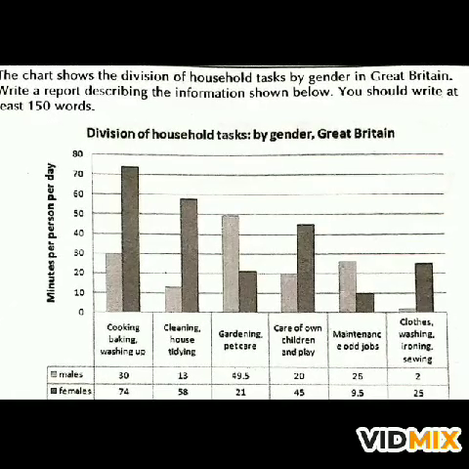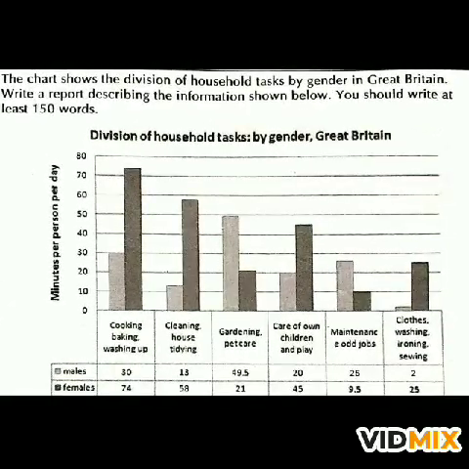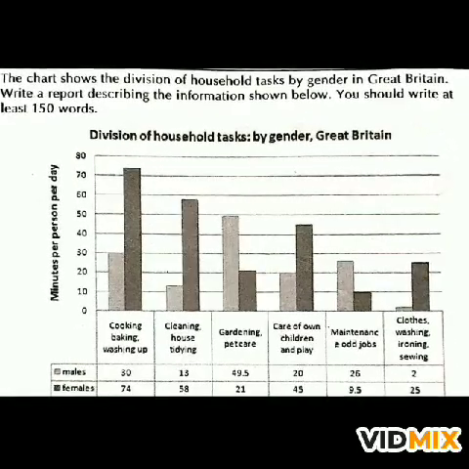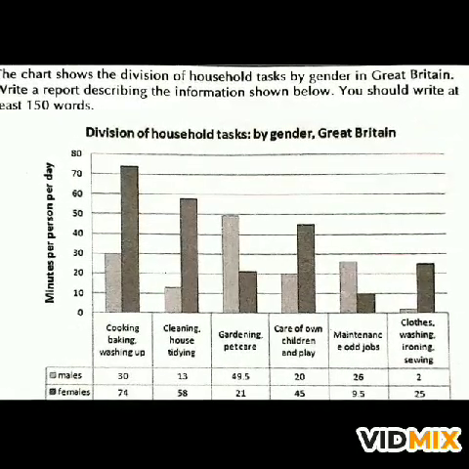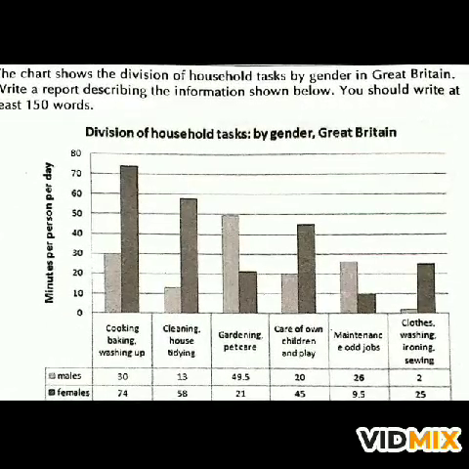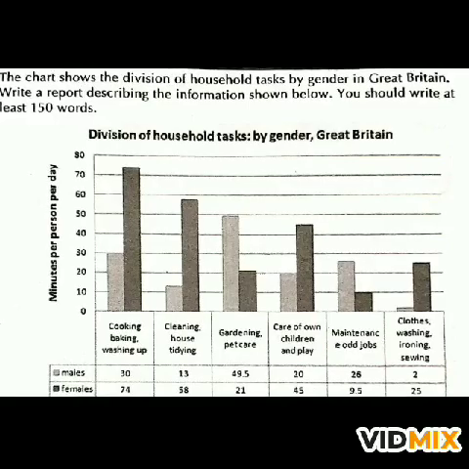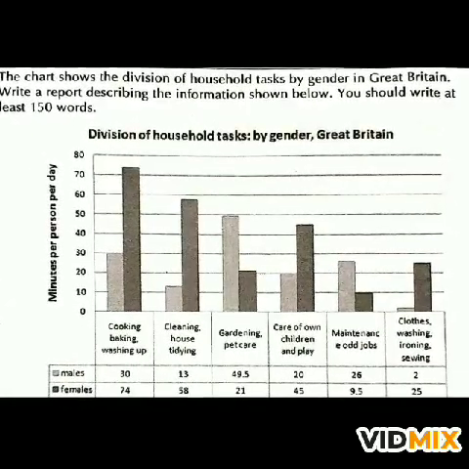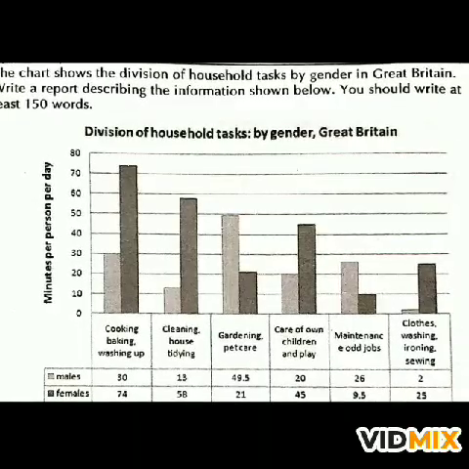The first bar indicates the minutes taken by males and the second bar indicates the minutes taken by females. So, we could understand that they have given the comparison of time spent by both men and women for different household tasks. Now, we are going to learn how to write a report based on this particular graph.